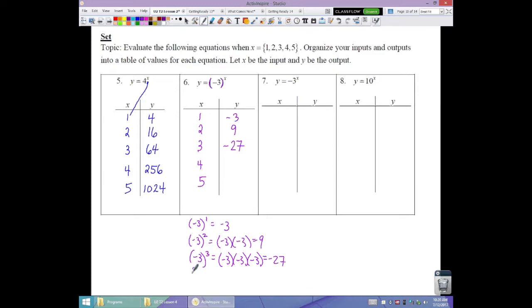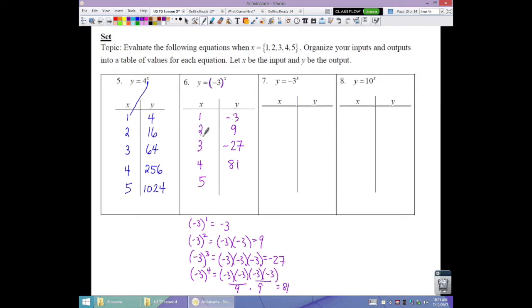Okay. When I do -3 to the fourth, that's -3 times -3 times -3 times -3. Well, the first two become positive 9. The next two become positive 9. And 9 times 9 is 81. So you can kind of see what's going on here. When there's an odd exponent, we end up with a negative answer.